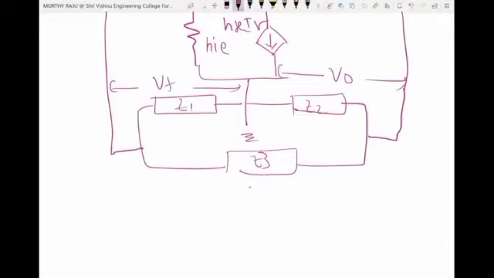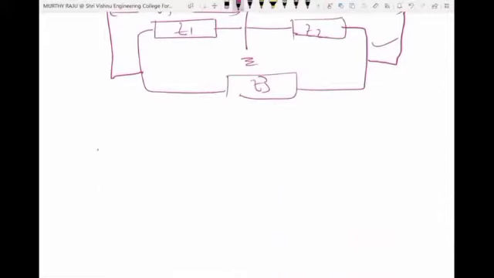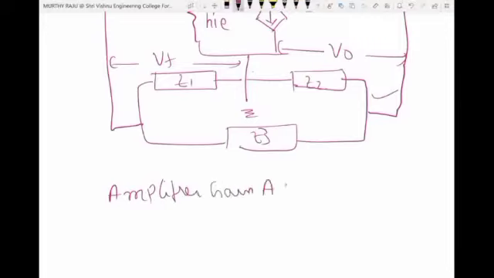Generally, this circuit consists of an amplifier part and a feedback part. Amplifier gain A is equal to the current gain, general formula.